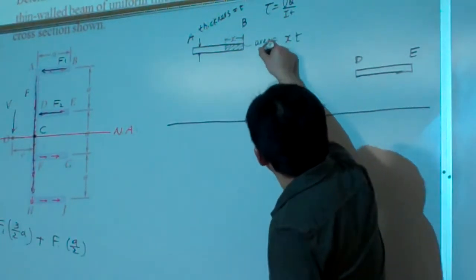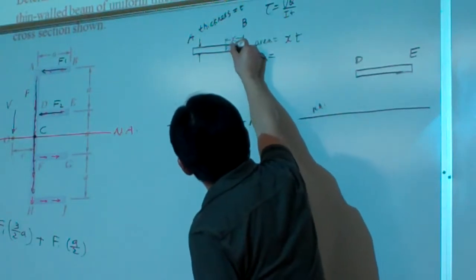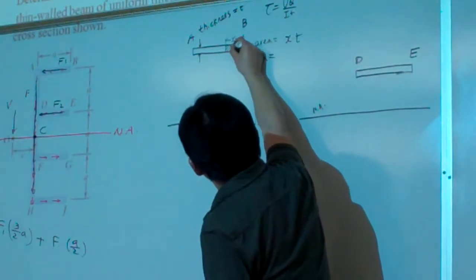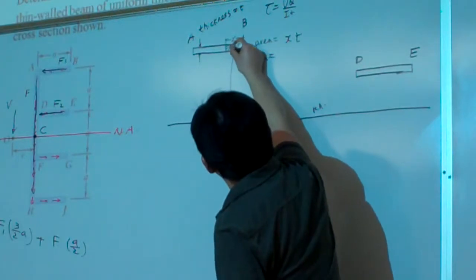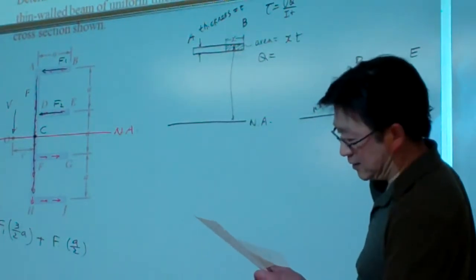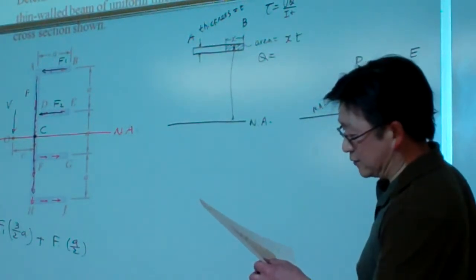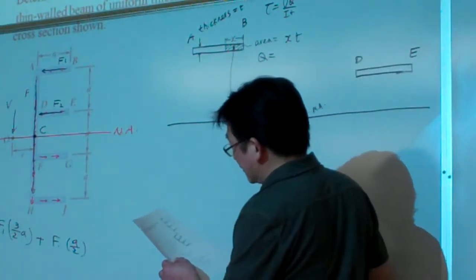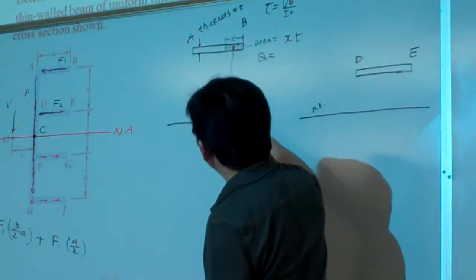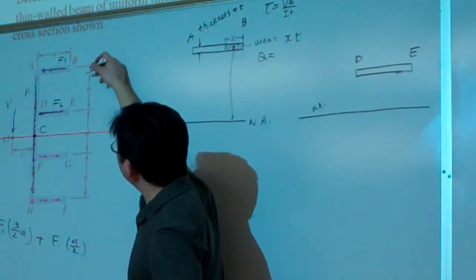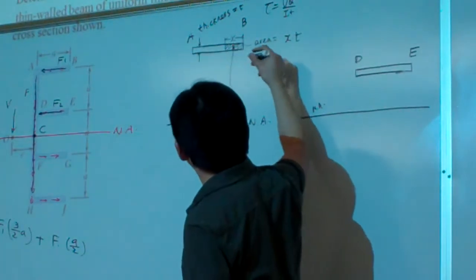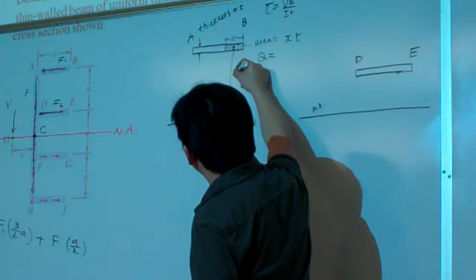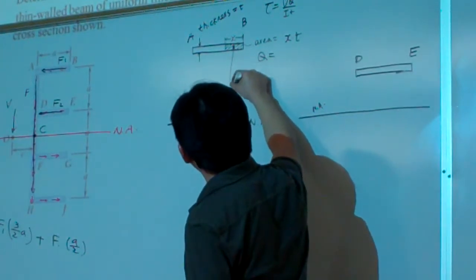Then Q will be equal to the area multiplied by the distance from the centroid to here. That one is measured from the middle line, so how much is it? 3a over 2, right?